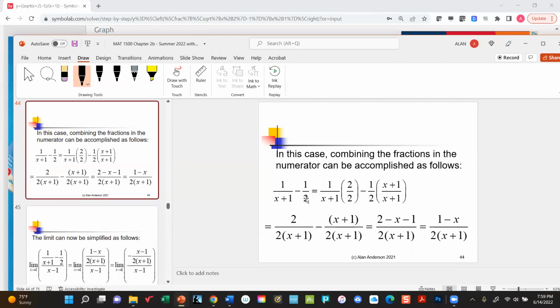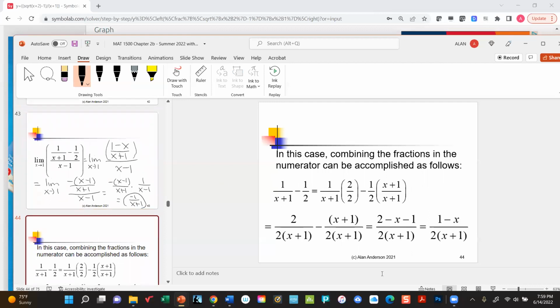So we've got the two terms, 1 over x plus 1 minus, this is still the numerator only. So we're multiplying the first term by 2 over 2, minus a half times x plus 1 over x plus 1. So when you multiply them out, they both have the same denominator, 2 times x plus 1. The first term is 2. The second is negative x plus 1. So I combine them into one term.